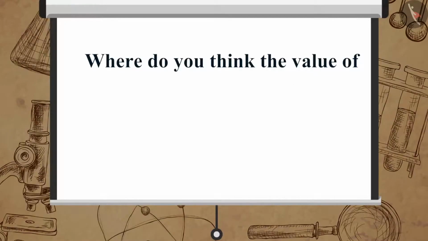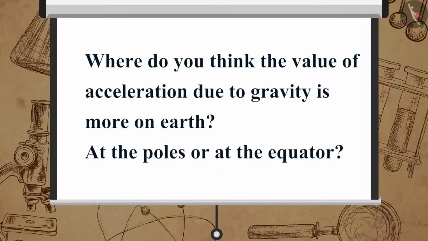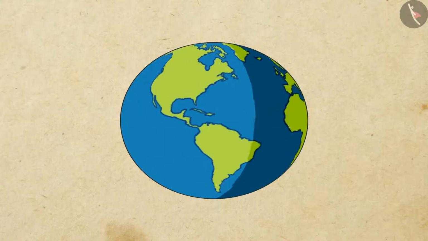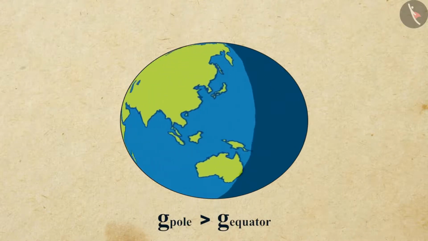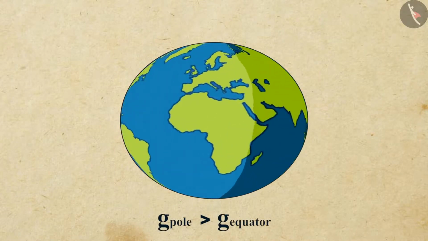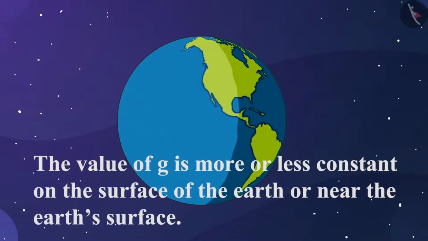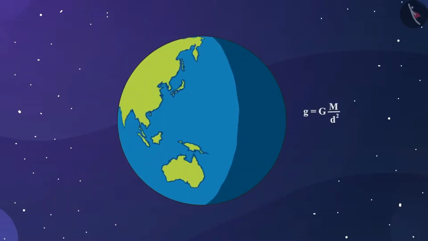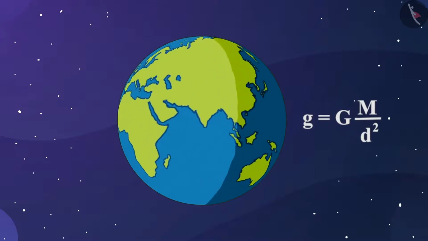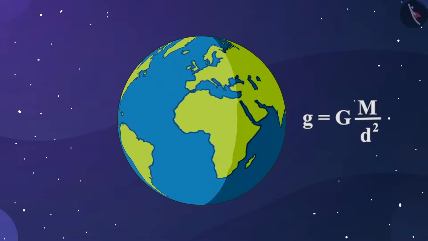Where do you think the value of acceleration due to gravity is more on Earth? At the poles or at the equator? The value of acceleration due to gravity, g, is more at poles than at the equator. The value of g is more or less constant on the surface of the Earth or near the Earth's surface. But for objects far from the Earth, we can calculate g using the formula g is equal to G M upon d square.